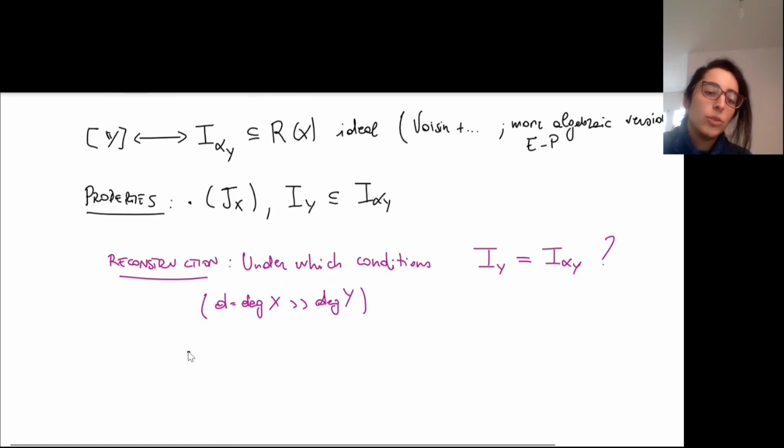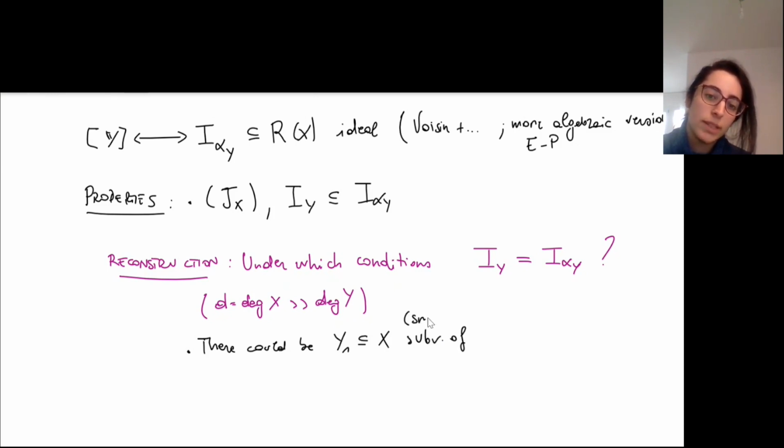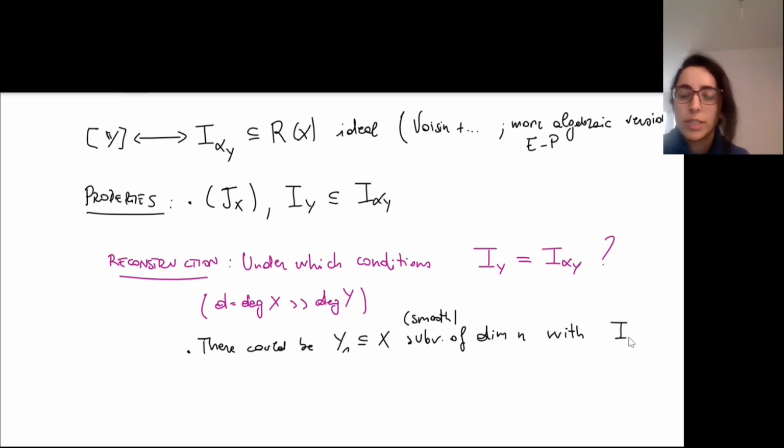But one can also observe that there could be other subvarieties, let's say Y1 inside of X, again smooth subvariety of dimension n as Y, defining the same class or the same ideal.